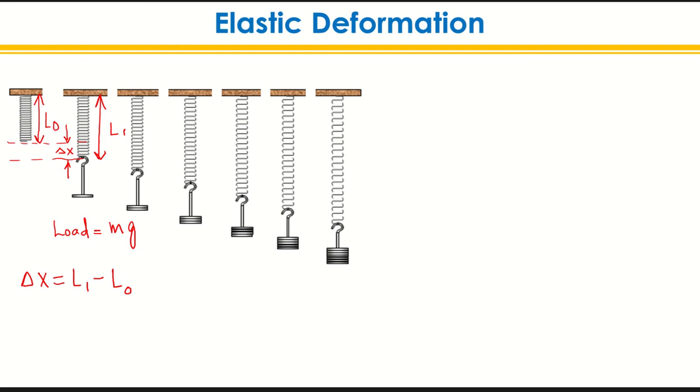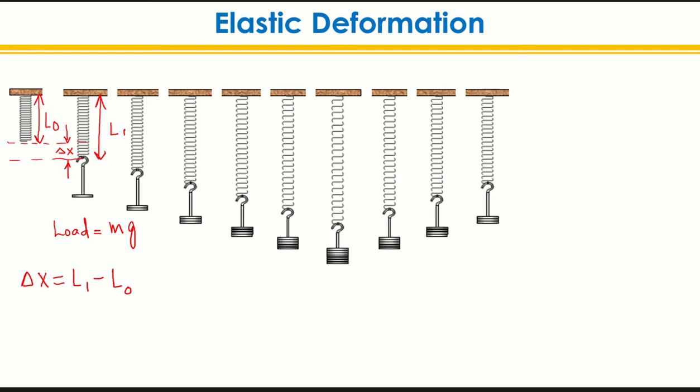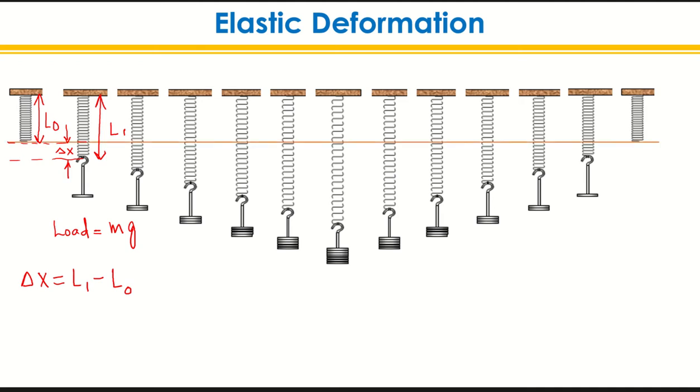Now let us unload this given spring. It tries to come back, okay, then it's unloaded. Now if we see the length, it is equal to the original length from before the loading. It means whatever deformation was produced here is restored.